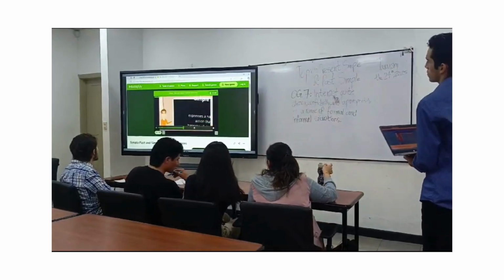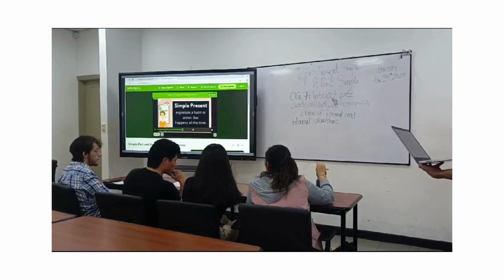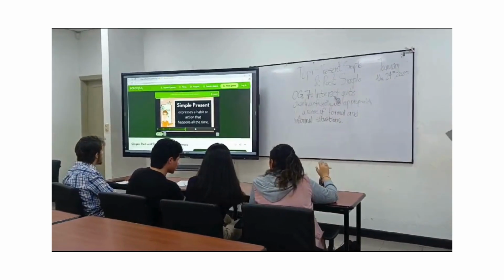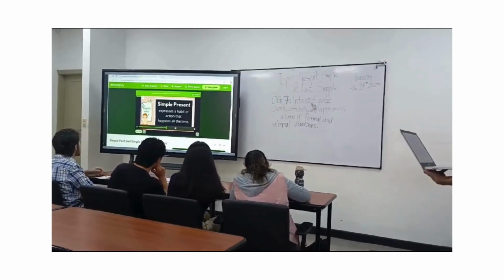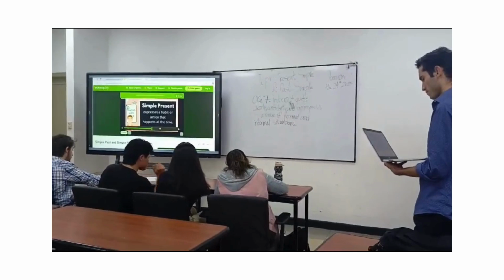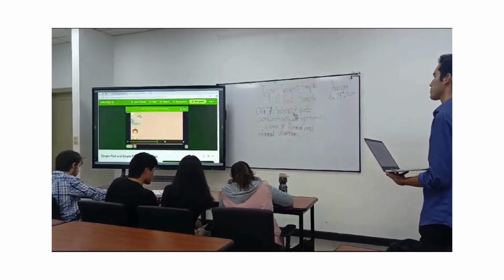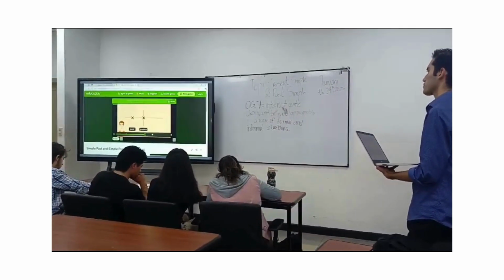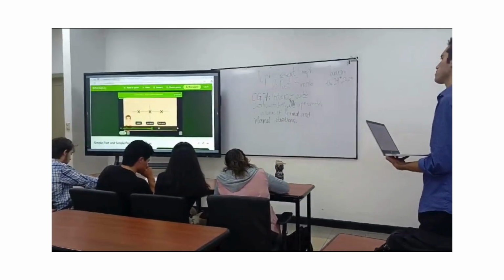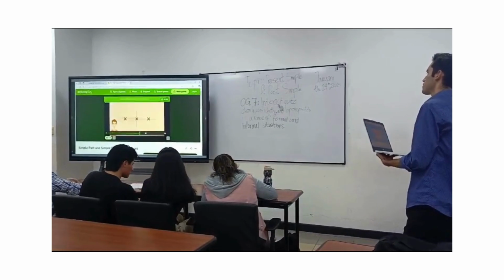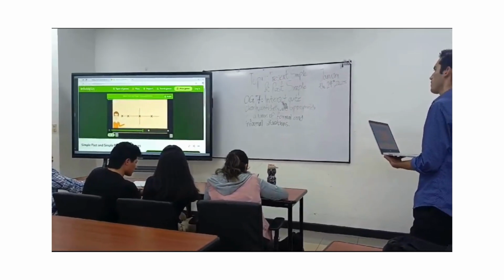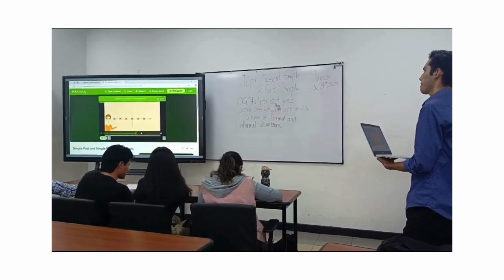Paying attention. Now let's talk about simple present. Simple present expresses a habit or action that happens all the time. Let's see the diagram for simple present. This is the timeline, and simple present verb tense is right here, there, and over there.